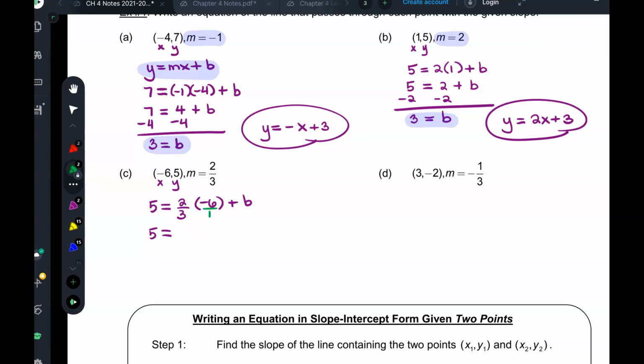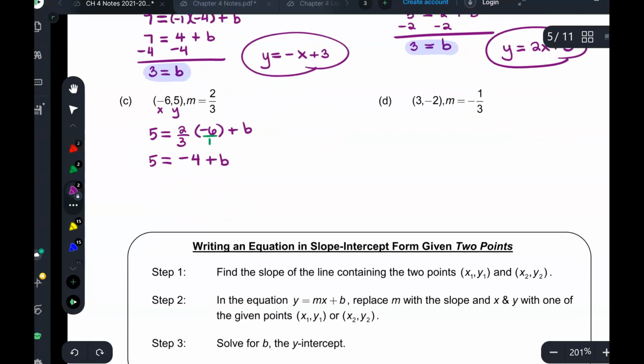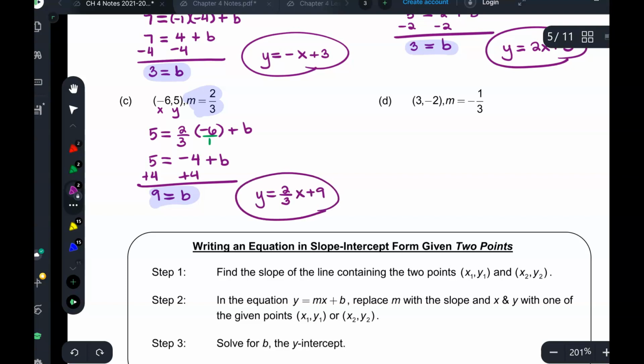You can multiply the numerators, that would be negative 12 over 3, or you can just see that that's going to be negative 4, plus b. I'm going to add 4 to both sides, and I get 9 for the value of b. Again, I want to go back, take those two parts, and plug them back in. So it's going to be y equals 2/3 x plus 9.